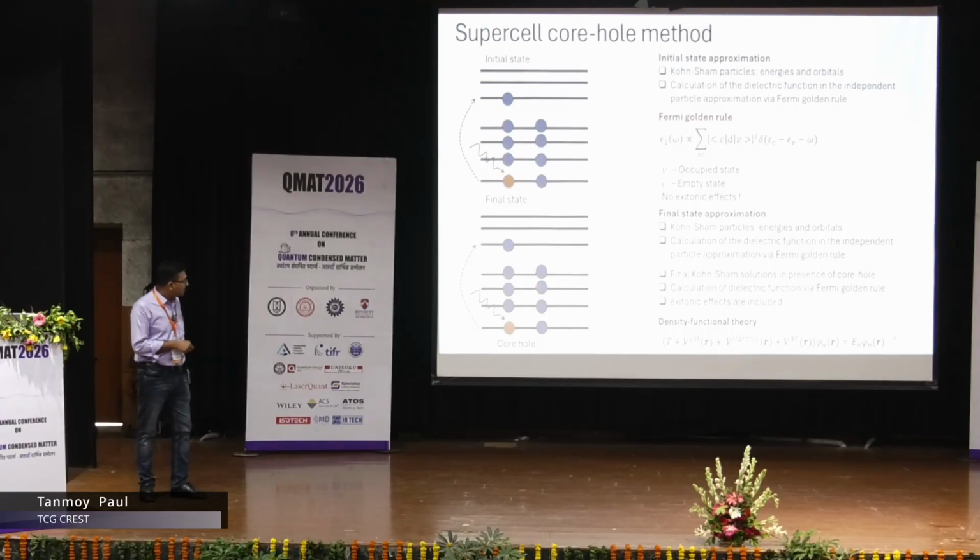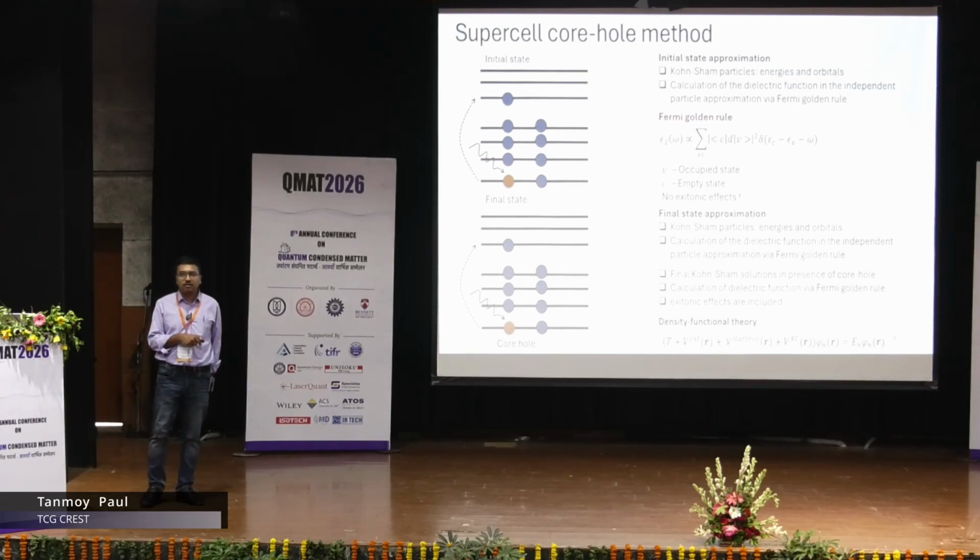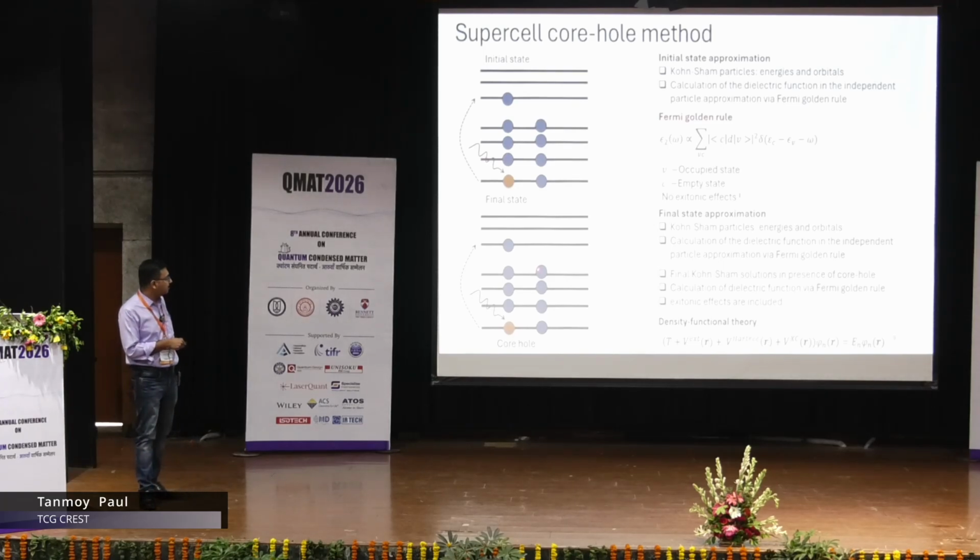Another thing is that because of the electron in the lowest part of the unoccupied level, that is the conduction band, the orbitals will be shifted, and also the core level orbitals will be shifted because of that.